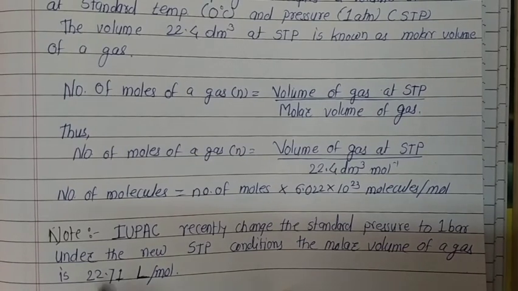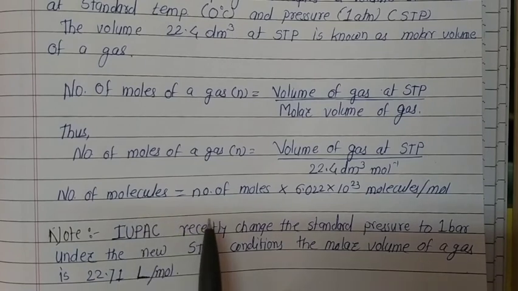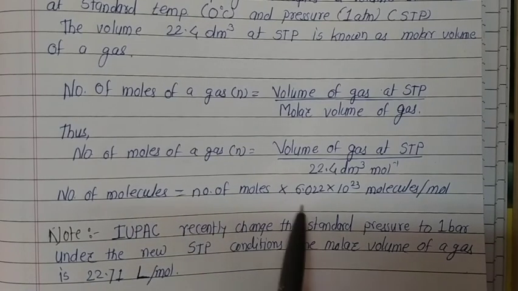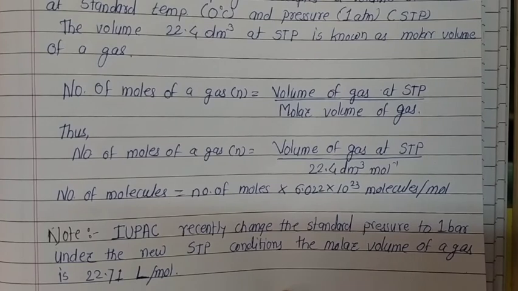So the number of molecules can be calculated as the number of moles times 6.022 × 10^23 molecules per mole.